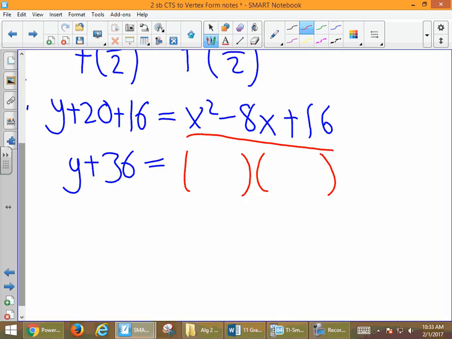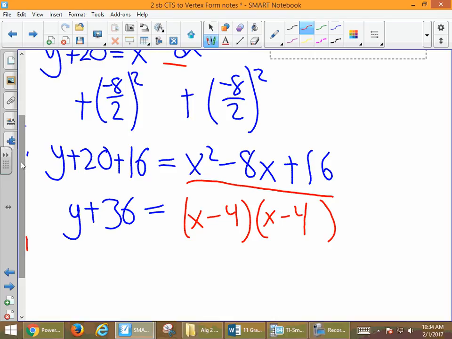Not x minus 8. Oscar? X minus 4. So we need to remember that the number that we're going to have in our perfect square trinomial is going to be the same one that we added to both sides before squaring it. So it's negative 8 over 2, which is negative 4. So we have x minus 4 and x minus 4.